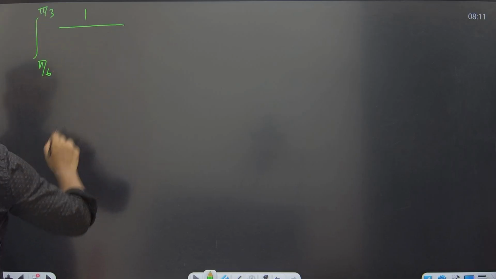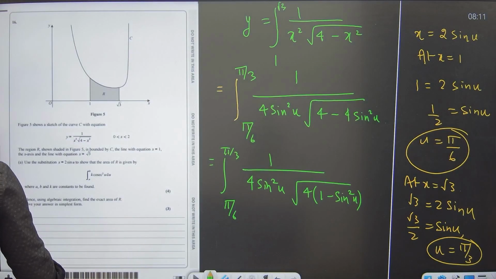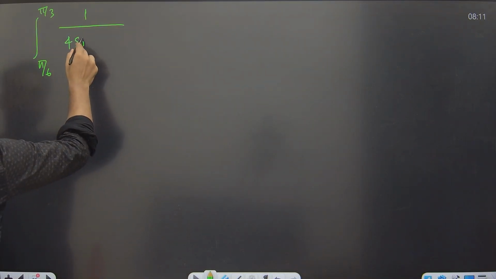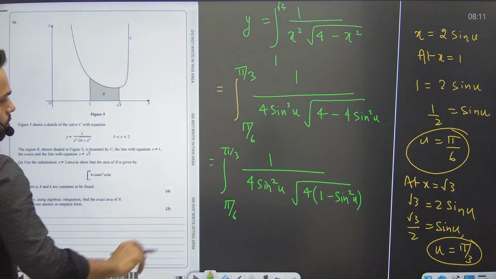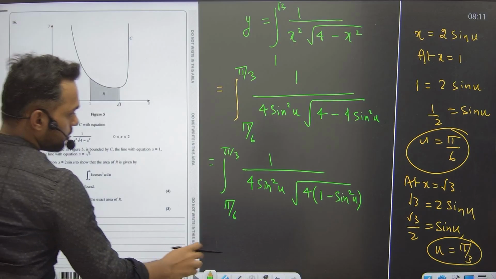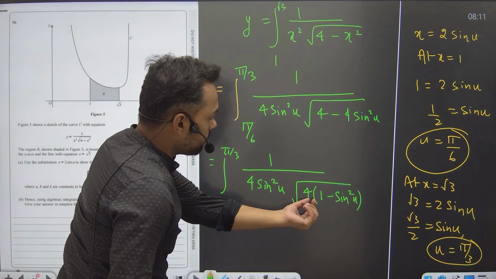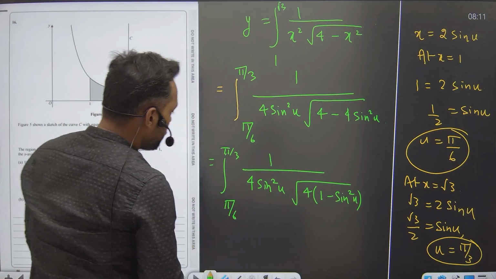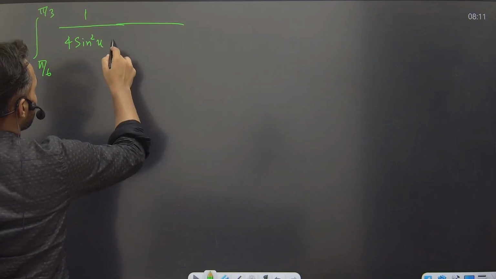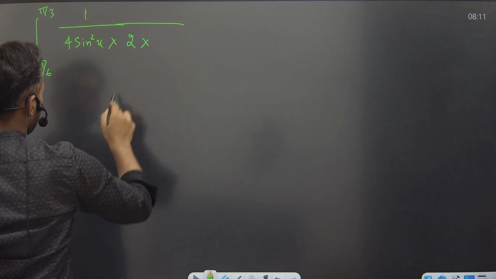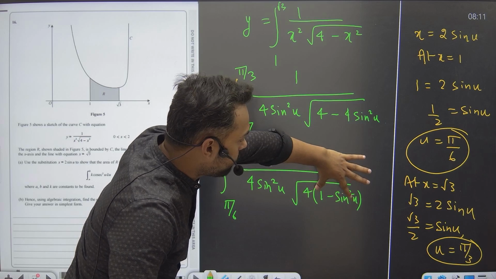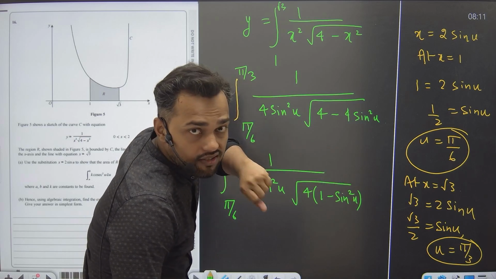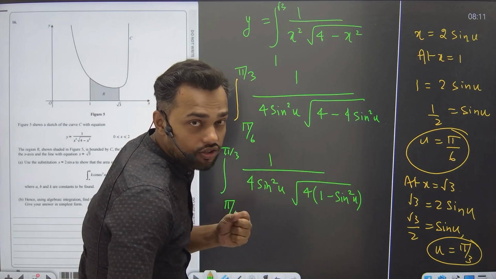So it will be pi by 6 to pi by 3, 1 by 4 sine square u times the root of 4. This 4, if we take it out from the square root, will be 2. So here you will get 2 times the square root of the bracket 1 minus sine square u, which is equal to cos square u.